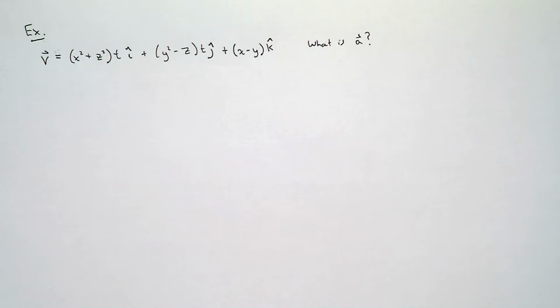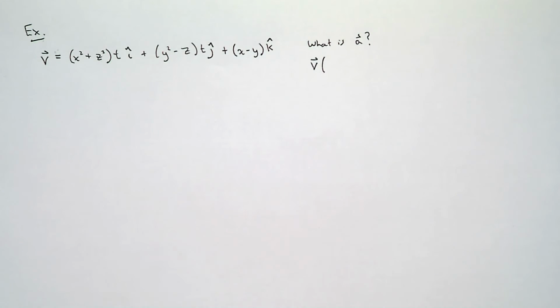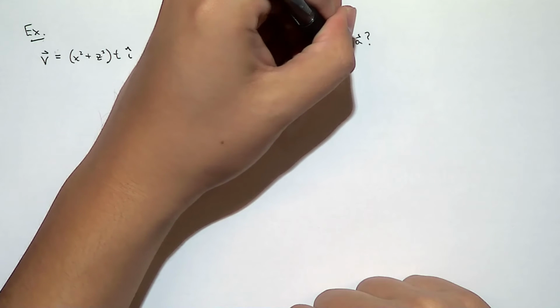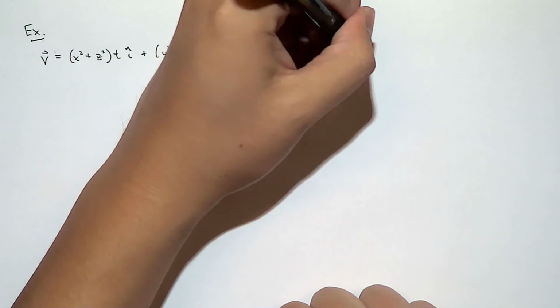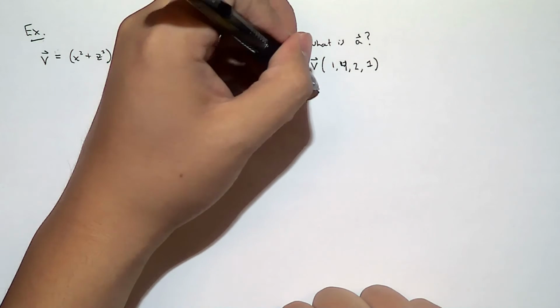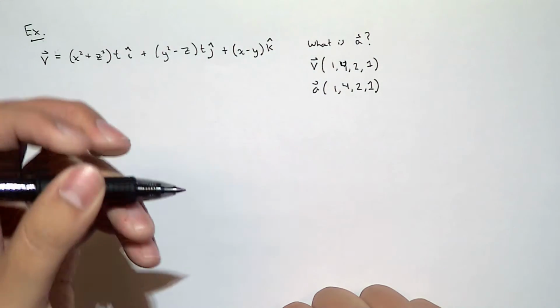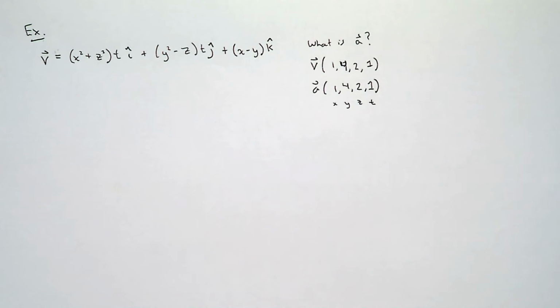My second question would be, what is the velocity at point 1, 4, 2? So x equals 1, y equals 4, z equals 2, and at time equals 1. And finally, what is the acceleration at that same point and at that same time? Okay, so remember this is x, y, z, t. Any ideas on how to find that acceleration?